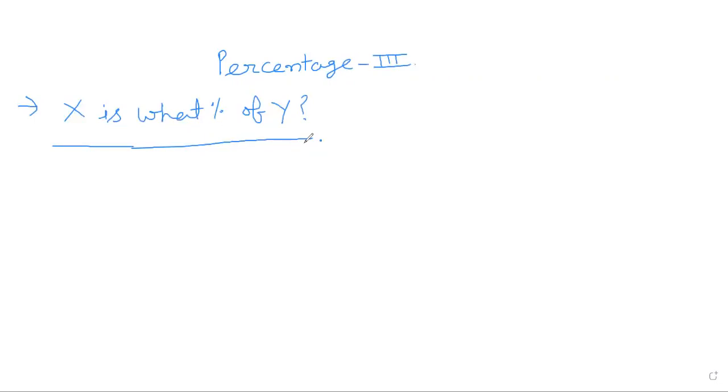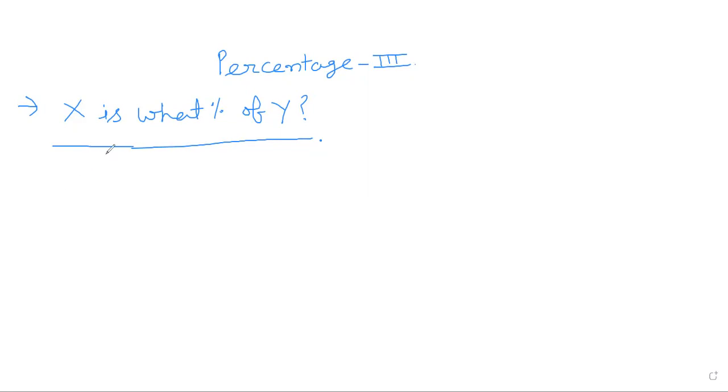How can we interpret this? How can we write this question? Which one of X and Y should be in the numerator or in the denominator, right?